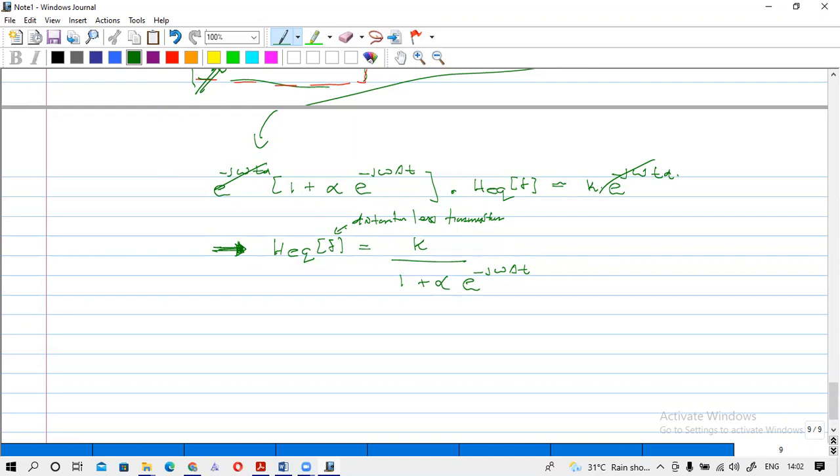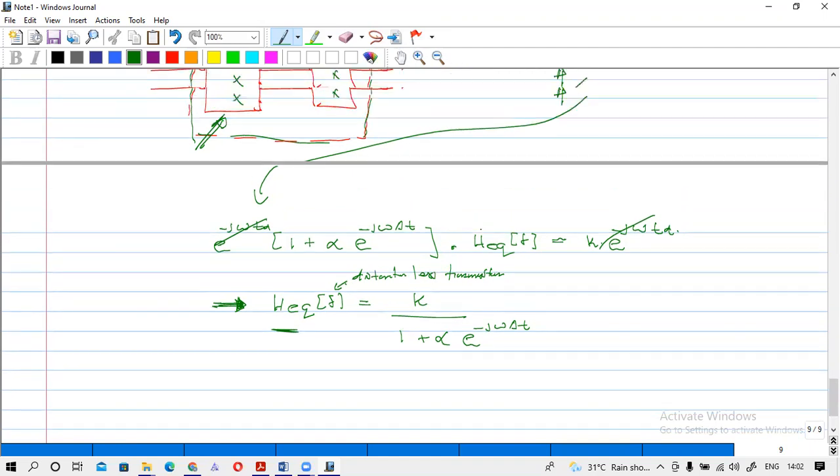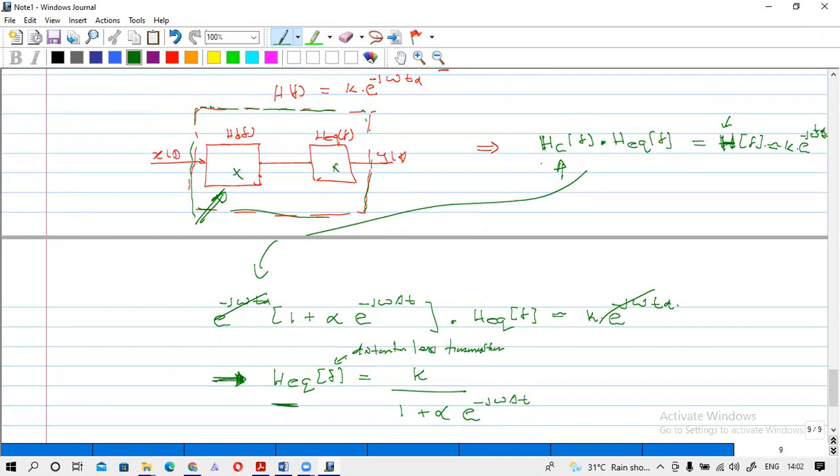It is very important. So this is the equalizer transfer function for distortionless transmission. How do we find it? We find the channel transfer function, and the channel transfer function into the equalizer transfer function should be equal to K e to the power minus j omega TD if it is not distorted.